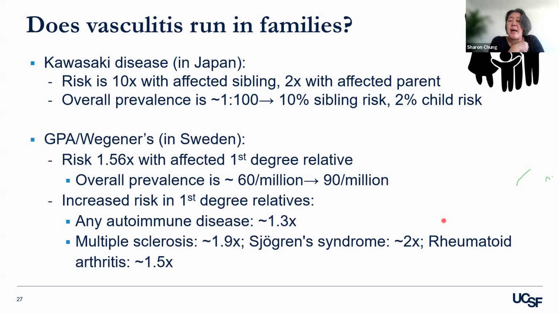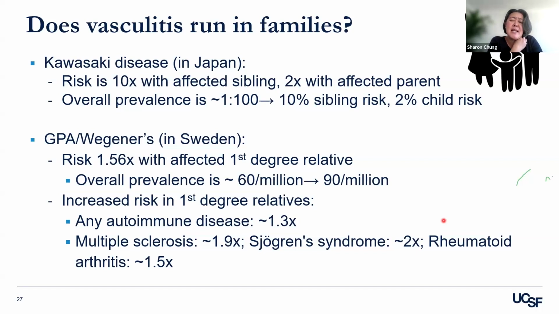So if your mom, your dad, your brother or sister has GPA, your risk is 1.5 times higher. So that means your risk increases from about 60 per million individuals to 90 per million individuals. So yes, your risk is higher, but the risk remains quite low.